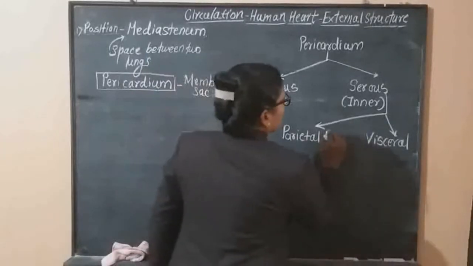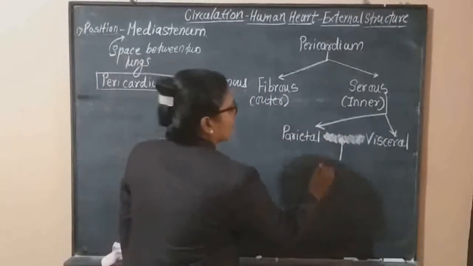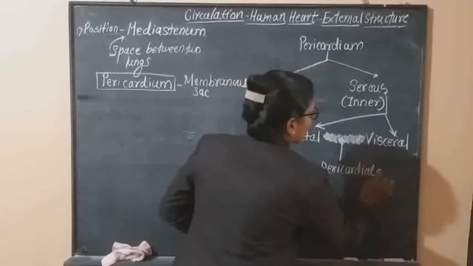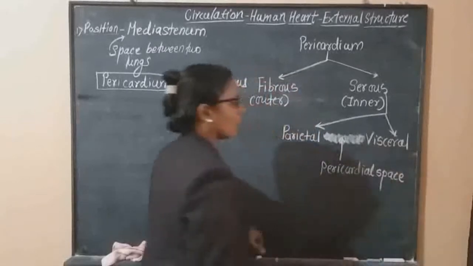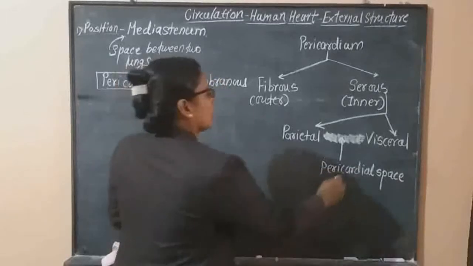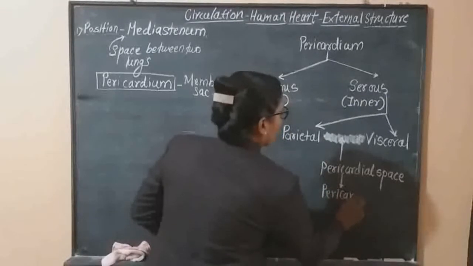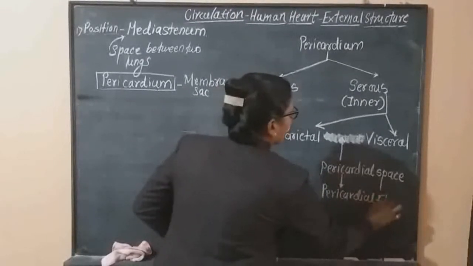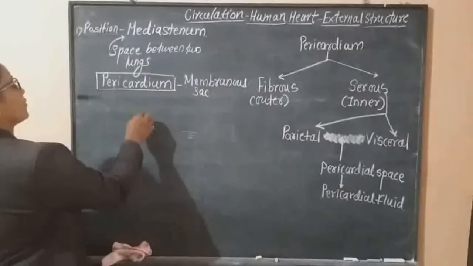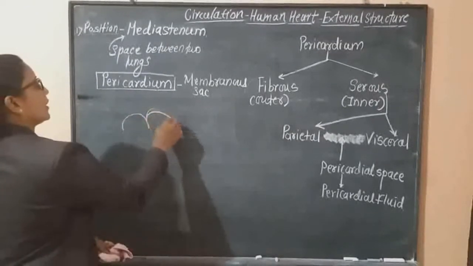In between these two membranes there is a space present, and this space is called the pericardial space. Now this space is filled with a fluid. This fluid is called the pericardial fluid.